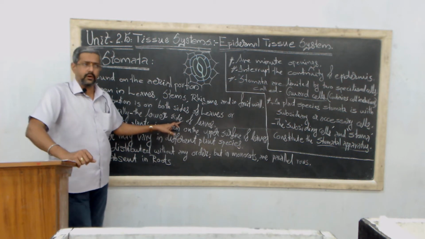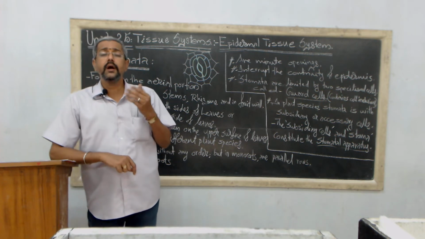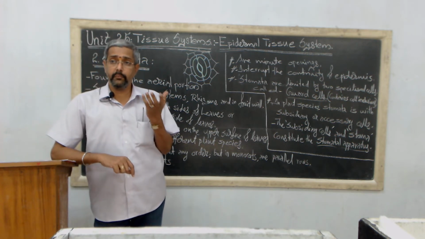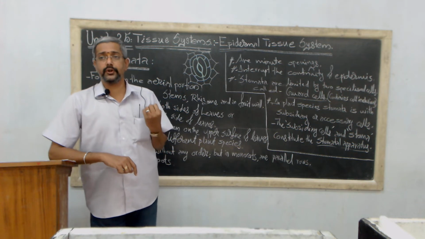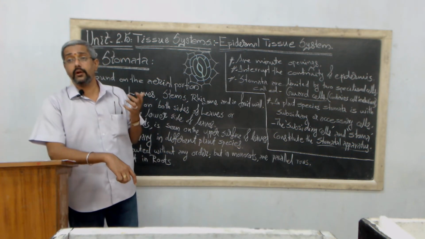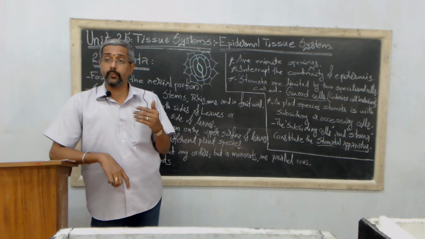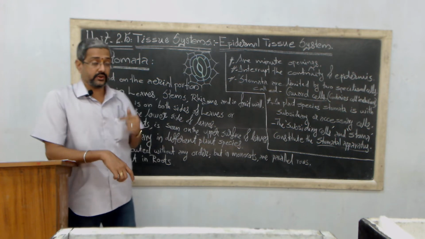In some species, we can see that both the upper and lower surface of the leaf show the presence of stomata.